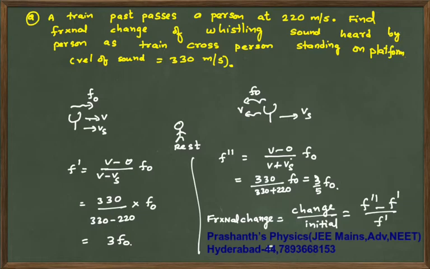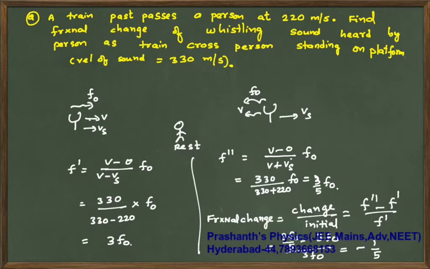So it will become 3f naught by 5 minus 3f naught, by 3f naught. So it is around minus 1 by 5, I suppose. 3f naught will cancel off.